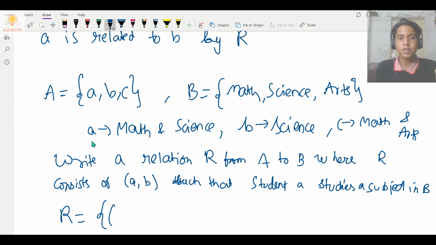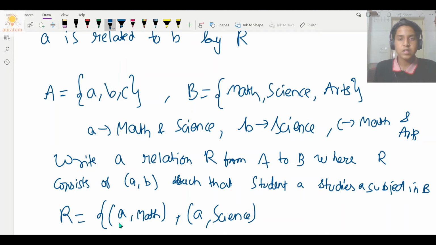But we know that students A, B and C study these subjects respectively, so we can directly write the relation. Here we can take A from set A, and we know that A studies math through the relation which we are given, and A also studies science.